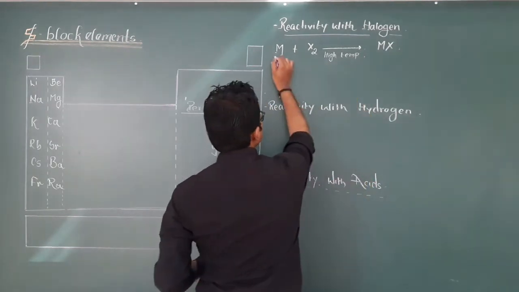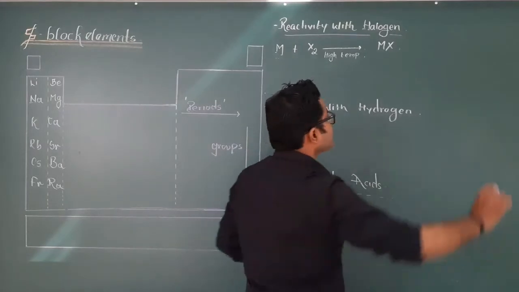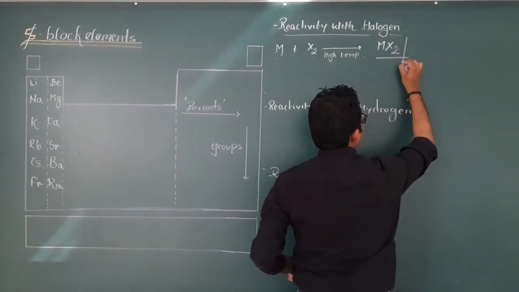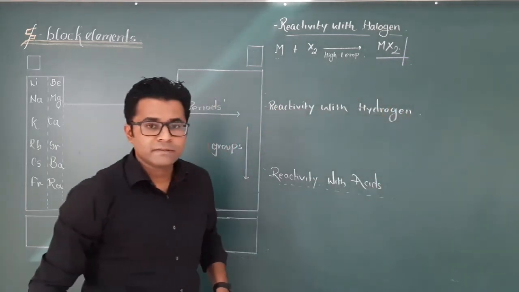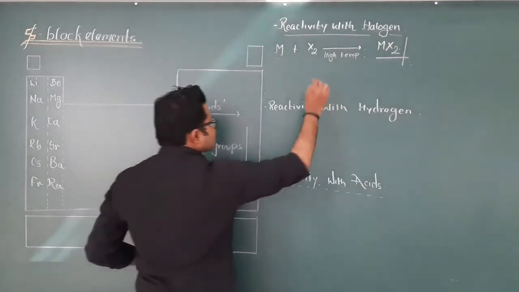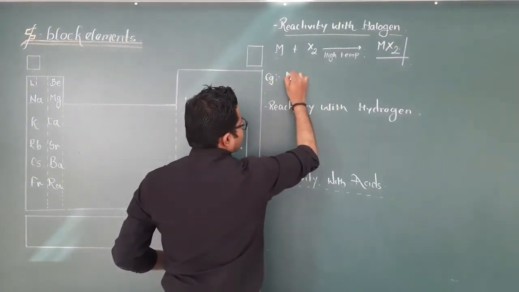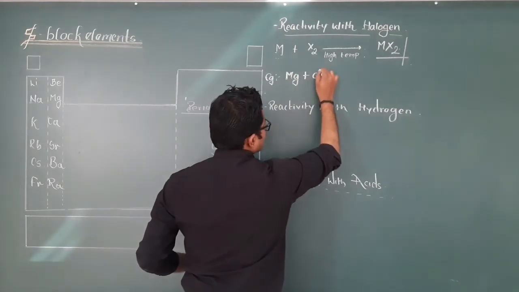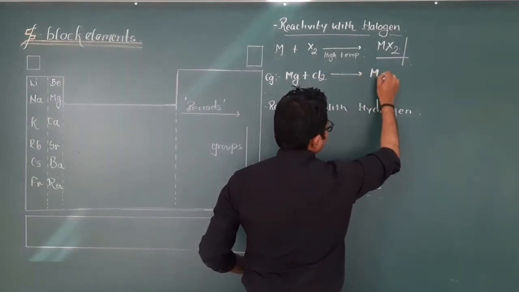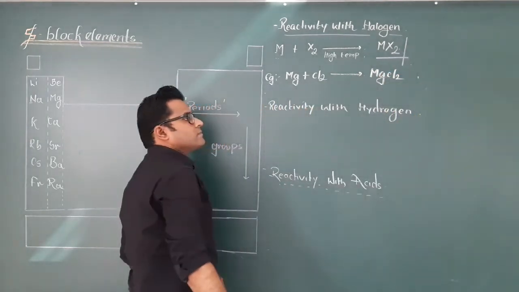As these metals exist in the M+2 state, they combine with two halogens, and therefore this will be the molecular formula, MX2. Let's check one example: magnesium reacts with chlorine at a higher temperature to form magnesium chloride.